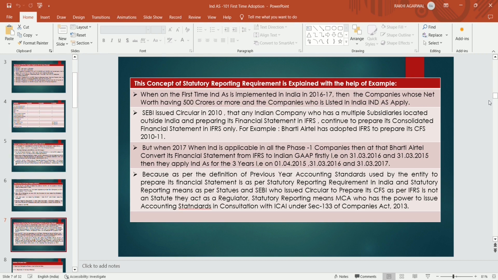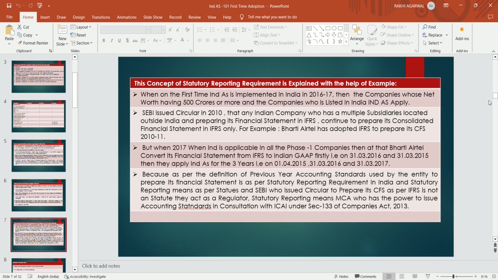But when Ind AS became applicable in 2017 to all phase 1 companies, Bharti Airtel converted financials from IFRS to Indian GAAP, because they could not convert directly from IFRS to Ind AS.